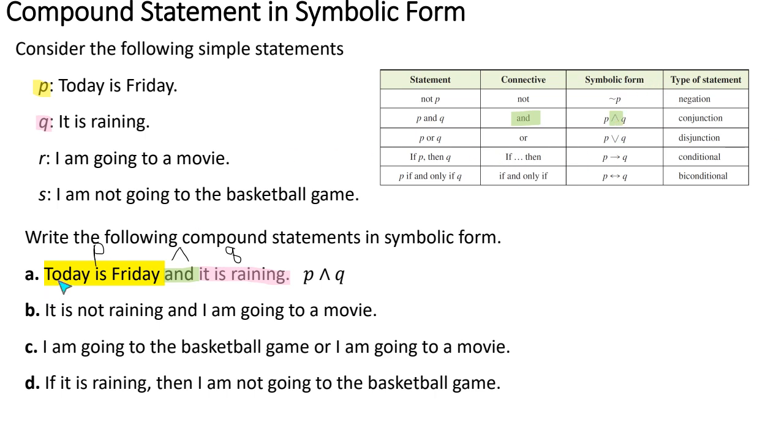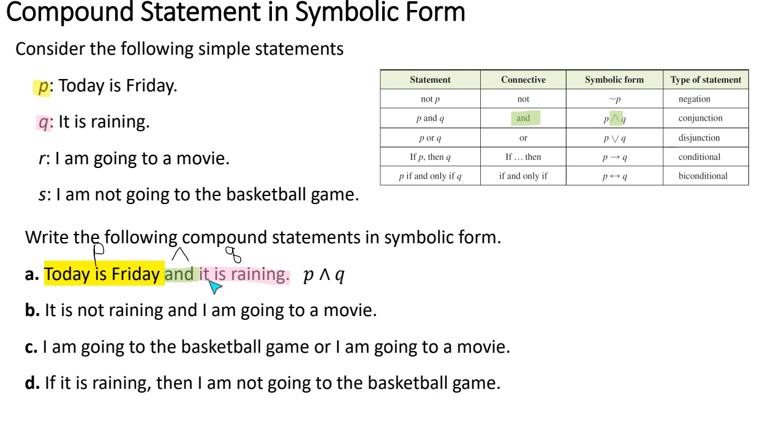So the first one, today is Friday. I highlighted it in yellow. P is today is Friday, so I write the letter P. Then my simple statement is connected with the connective and. If I go to my table, the connective and uses a symbol with the arrow pointing up, so I write my arrow pointing up.